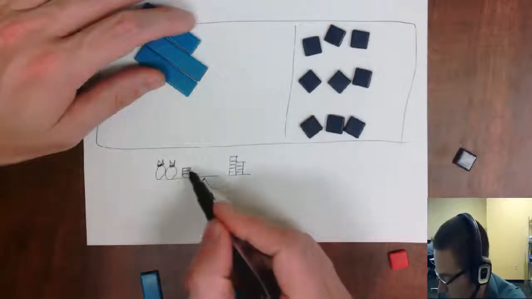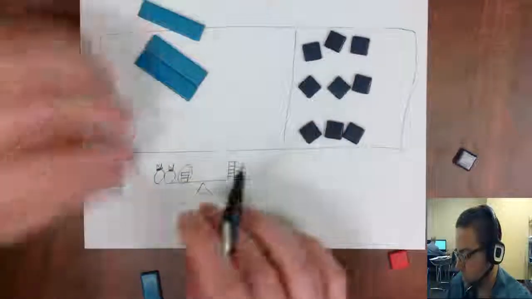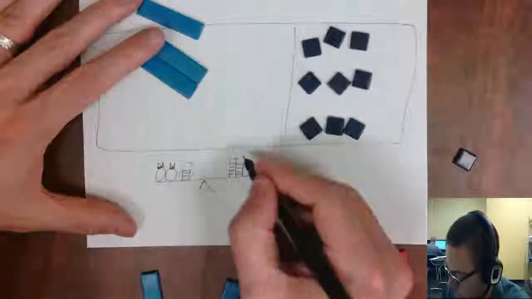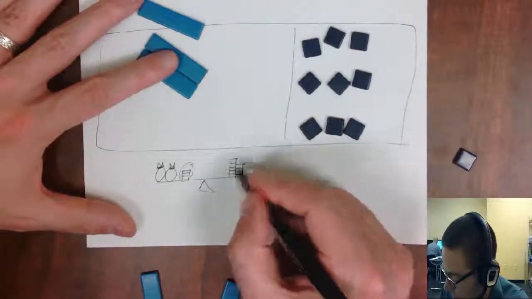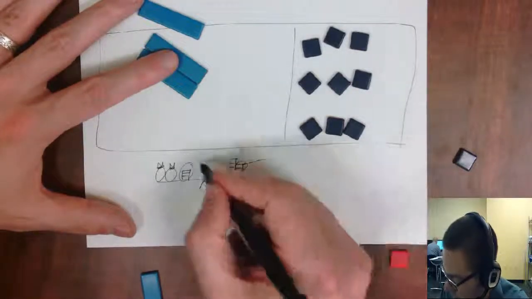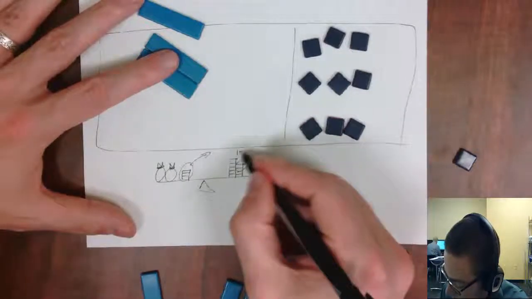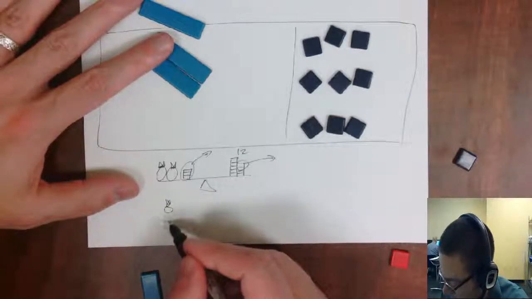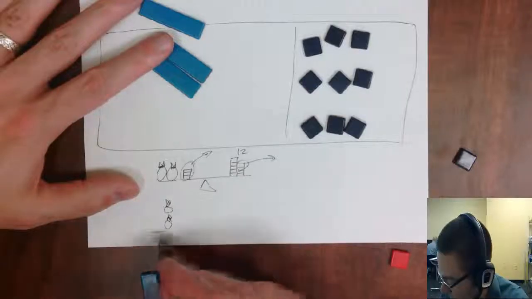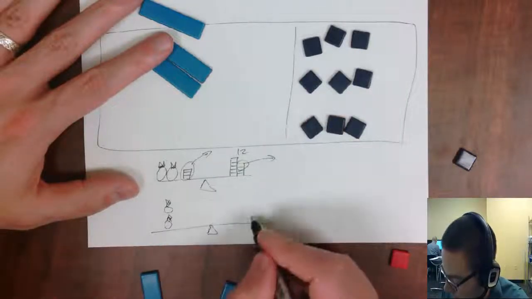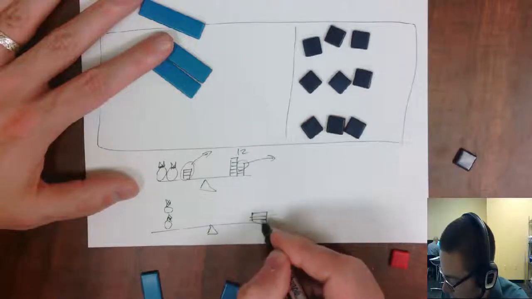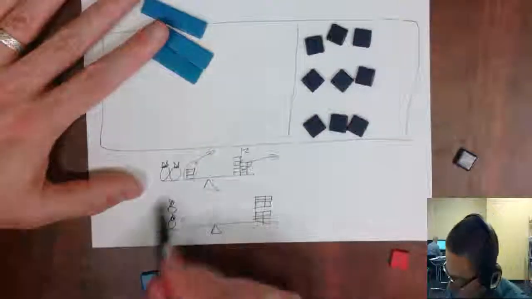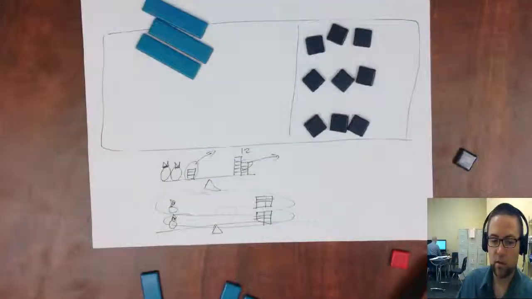If I took off 3 coins from one side, this would be lighter than that, and it would tip, right? So I have to take 3 coins off of this side too. So 15 minus 3 would be 12. I take off 3, throw them away, so now I have 12. Then since there's 2 bags, if I divide it evenly, that means each bag probably has 6 in it, right? So that's the way you can figure it out in a visual way.